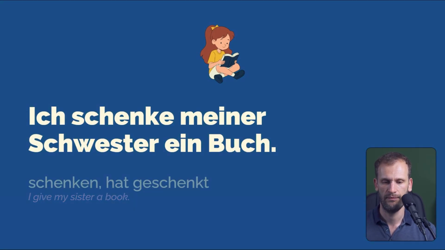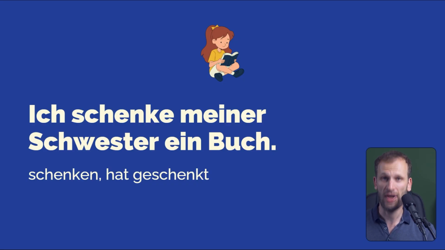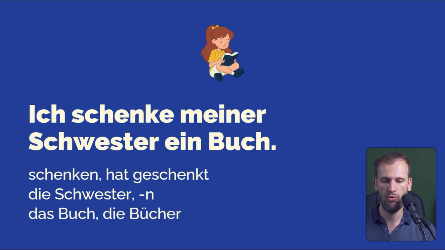Let's take a look. So, schenken, hat geschenkt, first of all, to give something as a present. You might have learned the noun, das Geschenk, a gift, a present. And then we have die Schwester, plural die Schwestern, sister, and we have das Buch, die Bücher. So in this sentence, we have a person and we have a thing.